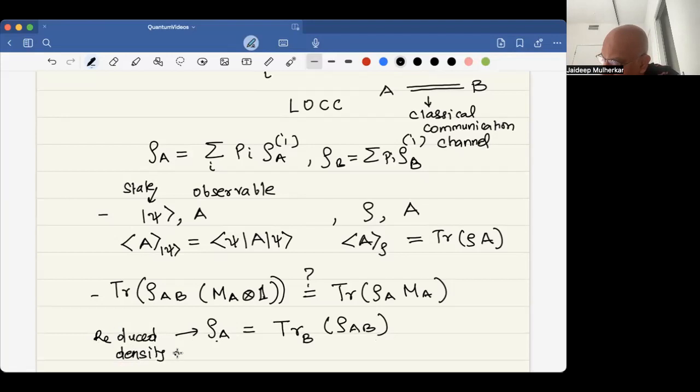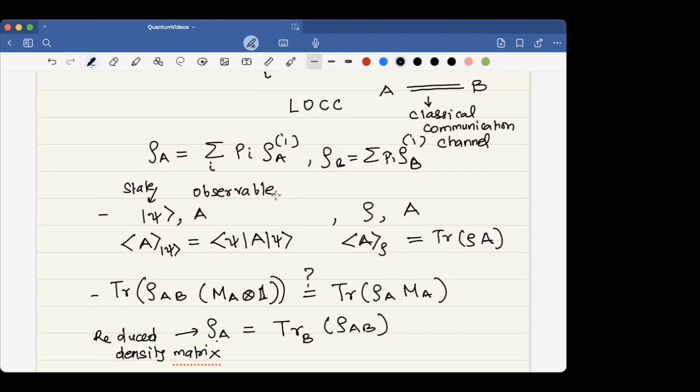The matrix is the reduced density matrix, and the operation to find it is the partial trace. So let's move on to computing the partial trace operation.